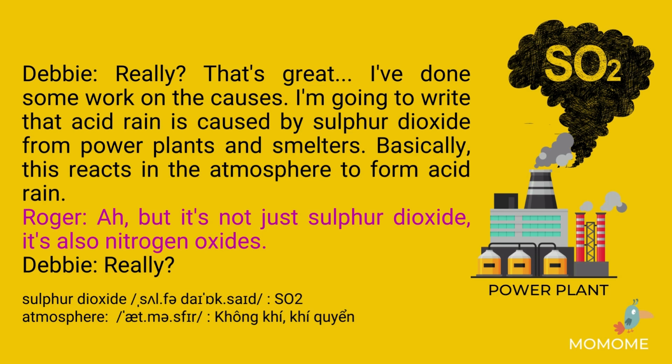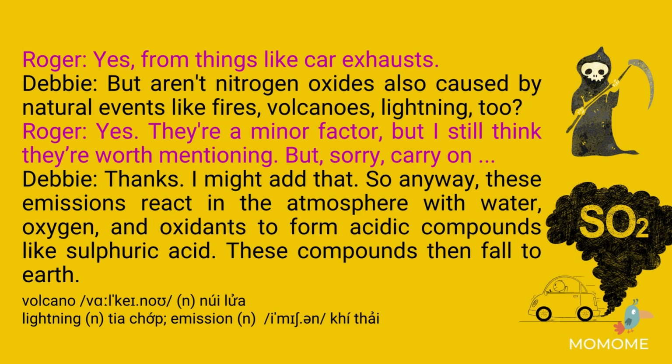But it's not just sulfur dioxide, it's also nitrogen oxides. Really? Yes, from things like car exhausts. But aren't nitrogen oxides also caused by natural events like fires, volcanoes, lightning too? Yes, they're a minor factor, but I still think they're worth mentioning. But, sorry, carry on. Thanks.